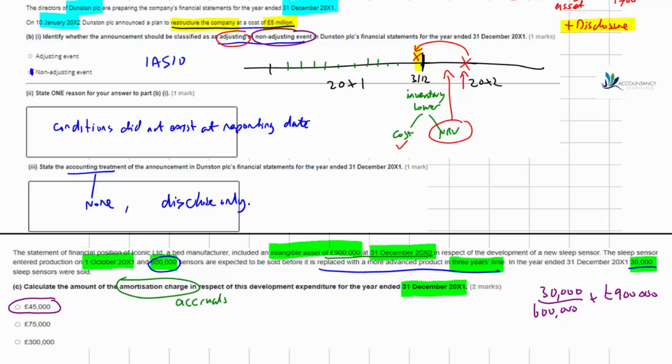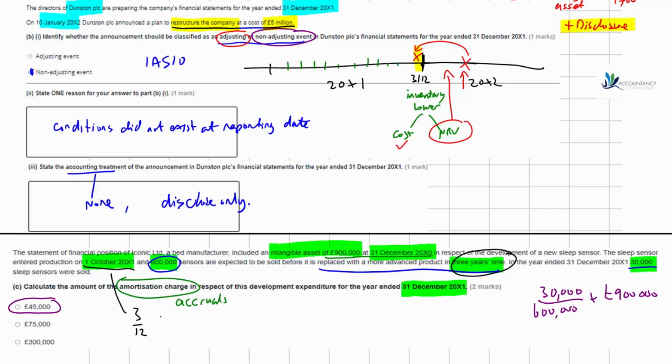So notice that one of the answers was 75,000, and that was a possible answer as well, because over the 3-year life of the asset, if we spread out the cost over those 3 years, that's going to be 300,000 per year. And it tells us that we started production on the 1st of October. So actually we've only got 3 of the 12 months in the first year.